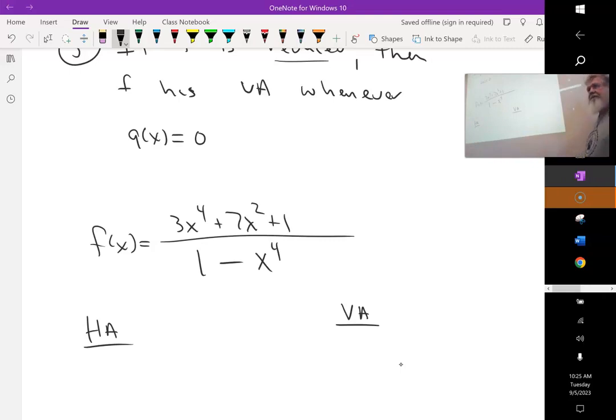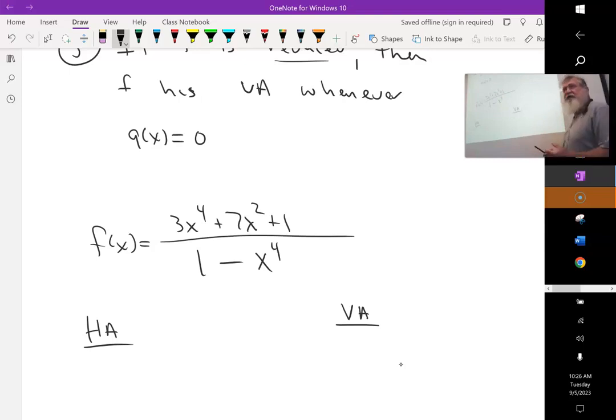All right. So look at the degree of the numerator and denominator. Decide what the degrees are. The numerator is what, Tristan? 4. And the denominator? 4. Does 4 equal 4? Yes, it does. So they don't outrace each other.